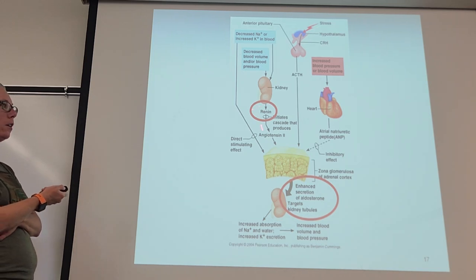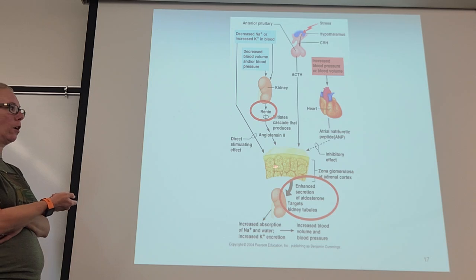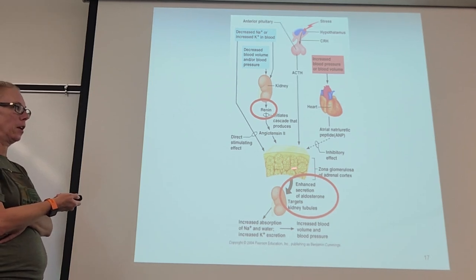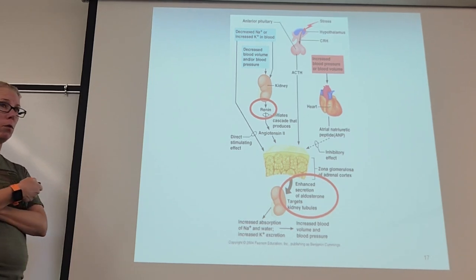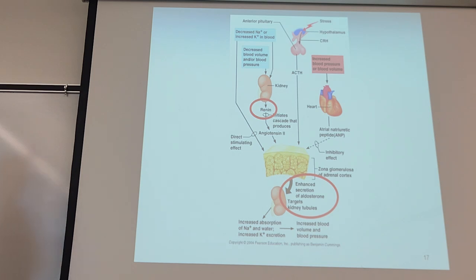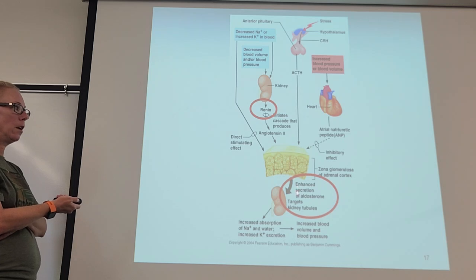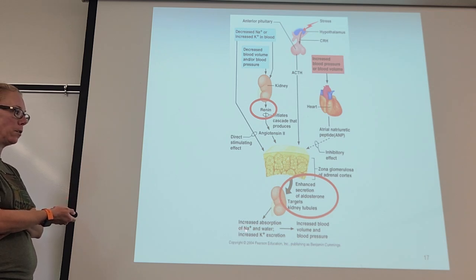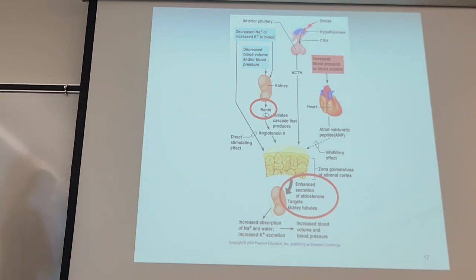Renin is going to target your adrenal cortex. It's going to tell the adrenal cortex to increase the secretion of aldosterone. And aldosterone is going to go from the adrenal cortex to the kidneys and tell the kidneys, we need to reabsorb sodium, and water's going to come along for the ride.